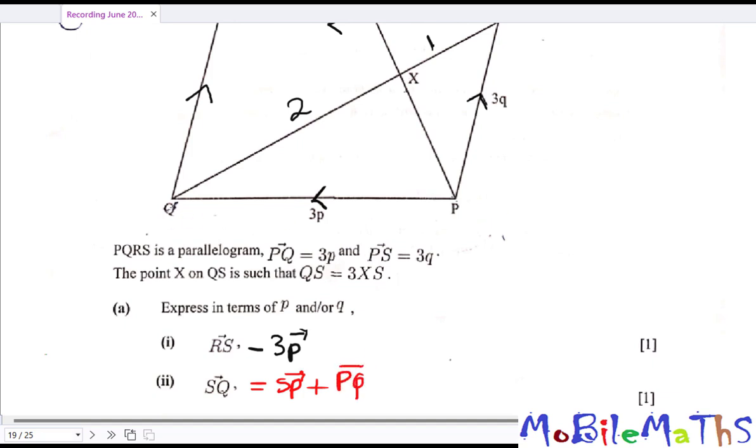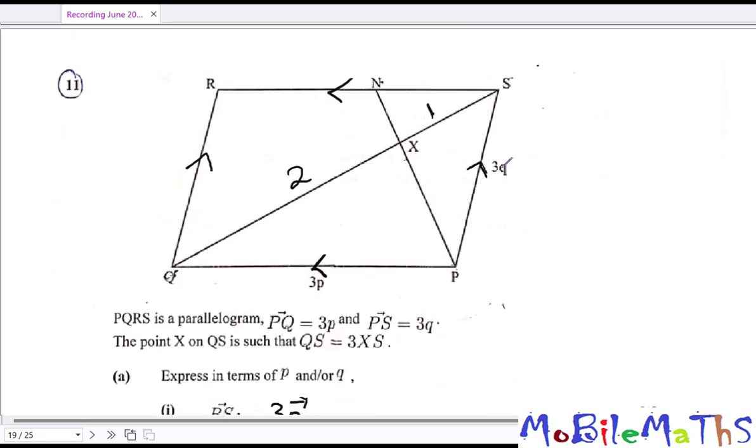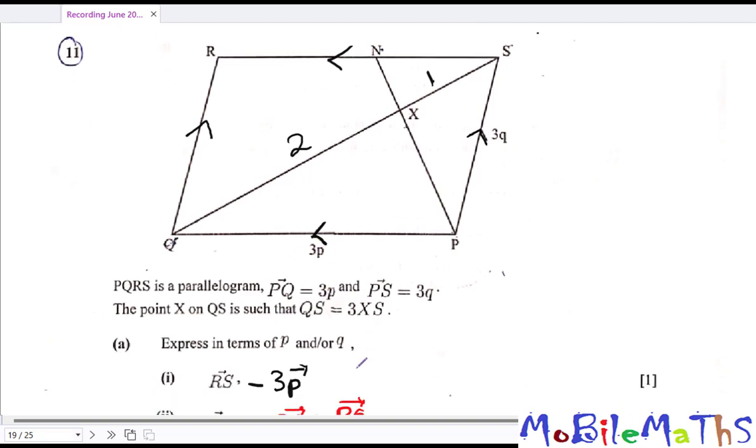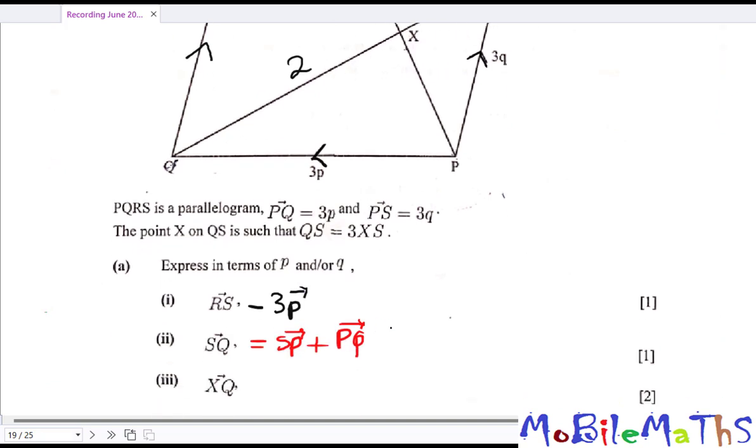For this one, SP, I'm opposing the direction, so it's going to be a negative. In this one, I'm going in the same direction, so it will be a plus. So I'll get my answer, which is going to be equal to negative 3Q plus 3P. Okay, so that's our answer there.